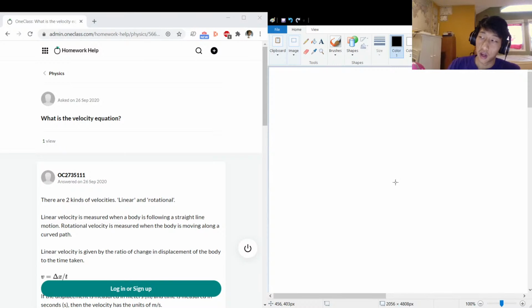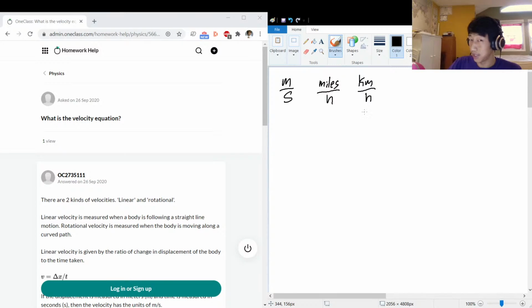Okay, so the classical definition for velocity or speed, let's think about some of the units that we measure speed in. We know that we have meters per second, miles per hour, kilometers per hour, all different ways that we can represent speed.